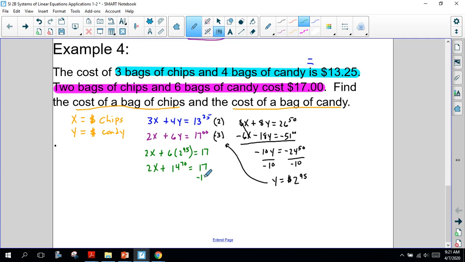Well, to solve, I'm going to subtract the 14.70 on both sides. When I subtract 14.70, over here I've still got 2x. The 14.70s go away. Equal to 2.30.